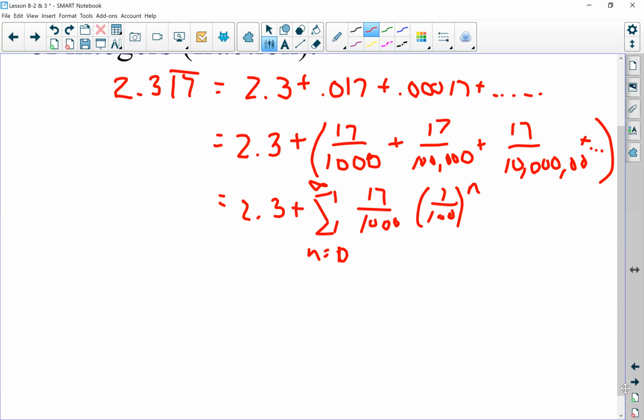So I can find this sum. It's geometric. A is 1 over 1,000. R is 1 over 100.